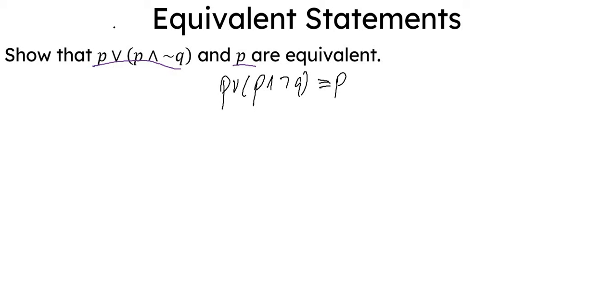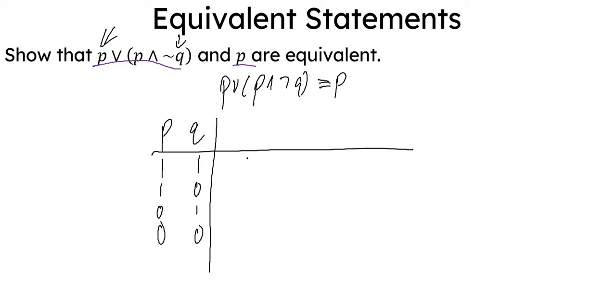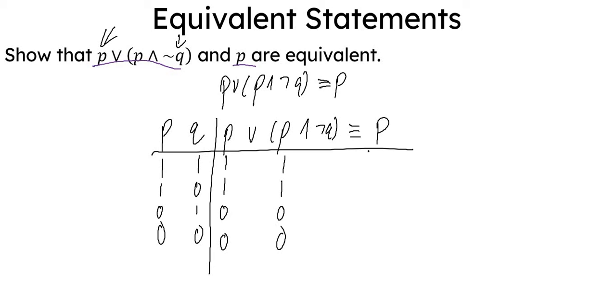So I only have again two propositional variables. So I will have P and Q, 1, 1, 0, 0, 1, 0, 1, 0. Then I would have this entire statement there, P or (P and not Q) equivalent to P. So for all the P's there, we'll just have to copy that 1, 1, 0, 0, and so on.